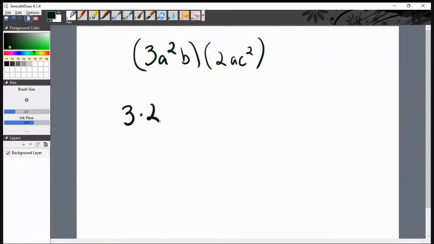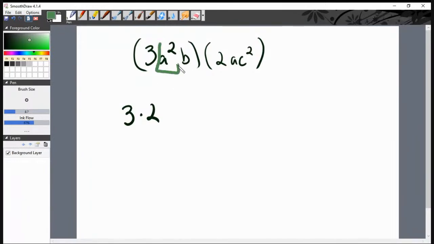And then it's telling us to add the exponents of each like base. So what like bases do we have here? Is A to the second power and A to the first power a like base? Look at the problem. If you don't get this, you're going to get lost later.